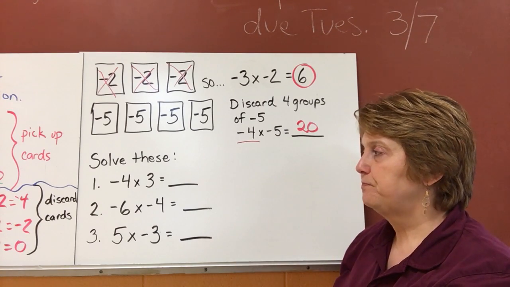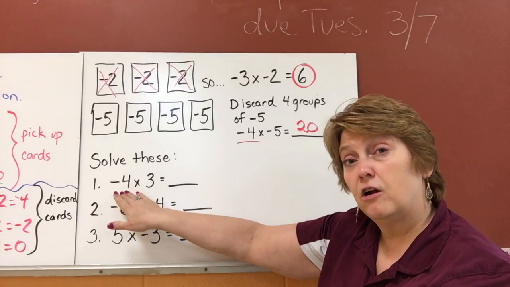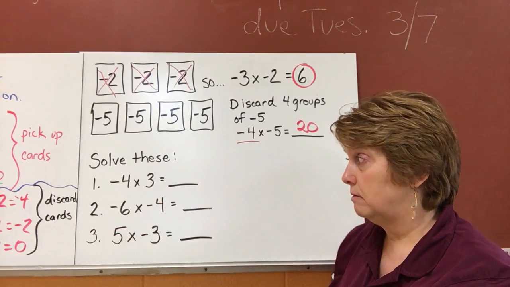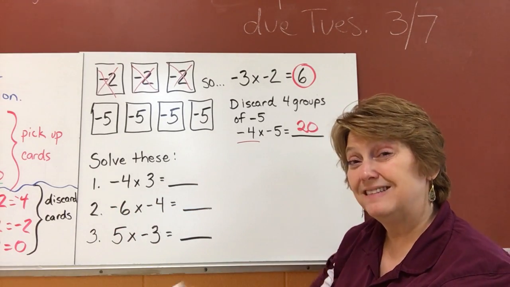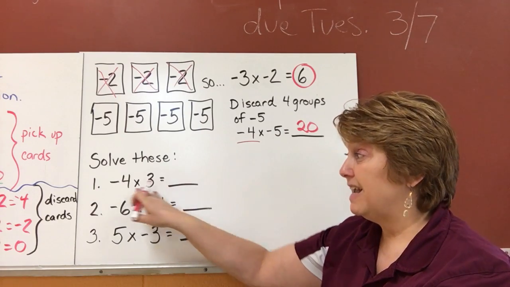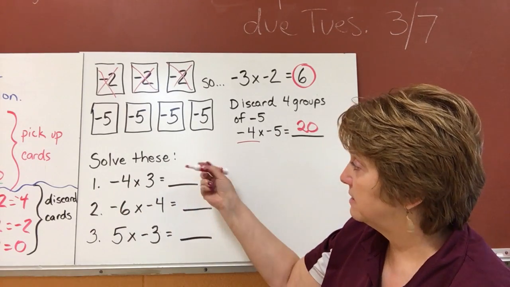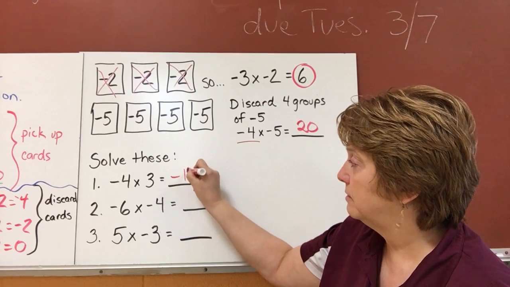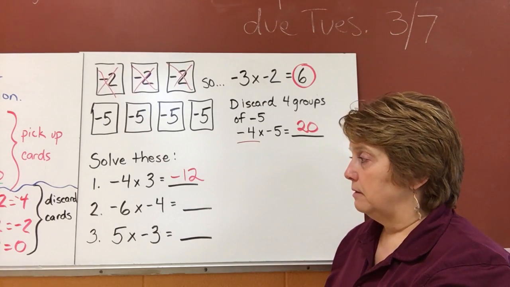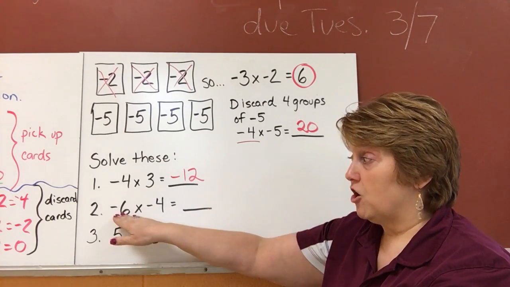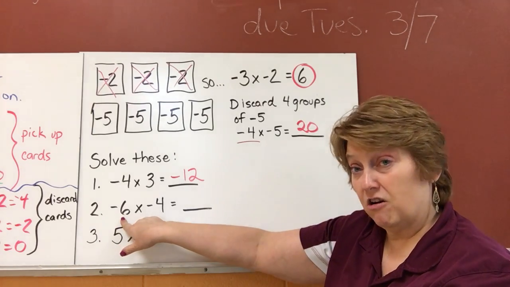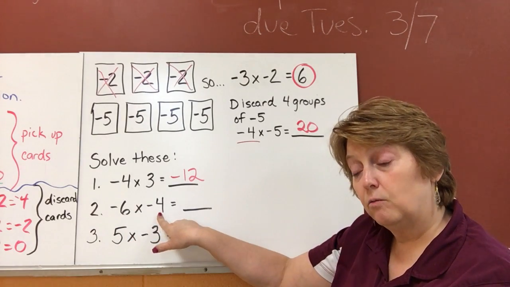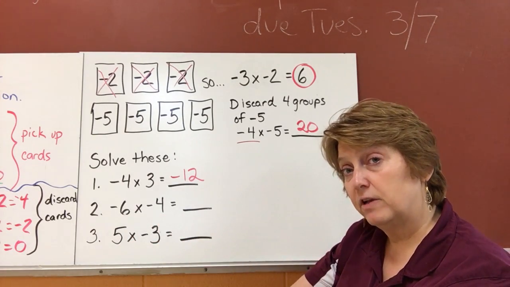Okay. So if I discard 4 groups of 3, my hand is actually going to go down 3 times 4. That's negative 12. If I discard 6 cards of negative 4, when I discard a negative, what happens to my hand?